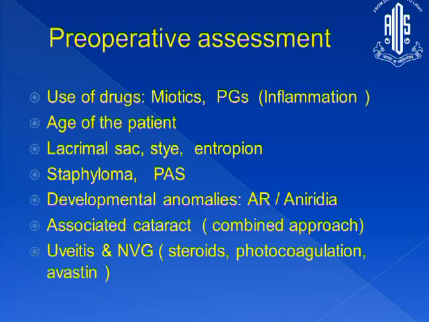If there is any significant associated cataract, we may go for a combined procedure. In case of uveitis or neovascular glaucoma, the eye should be quiet for at least 3 months prior to taking the patient for surgery. And in neovascular glaucoma, prior use of Avastin and photocoagulation are mandatory to get good results.